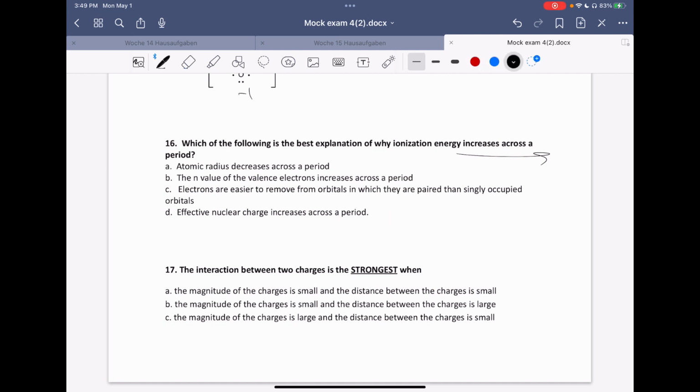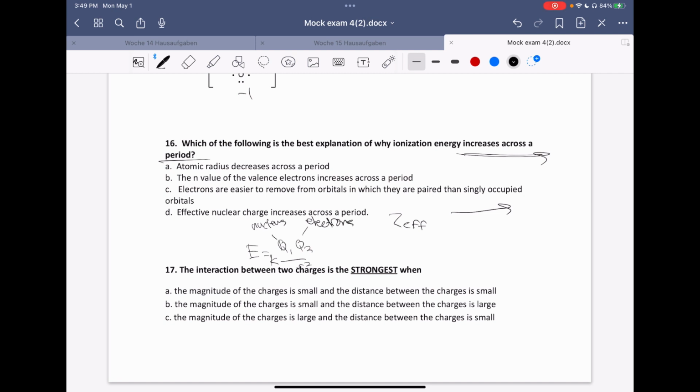So we know that Z effective has the trend of increasing to the right, right? When the effective nuclear charge increases going across a period, you can think of this in terms of Coulomb's law, which is equal to Q1 Q2 over R squared, where we can think of the first charge as the nucleus and the second as the electrons.